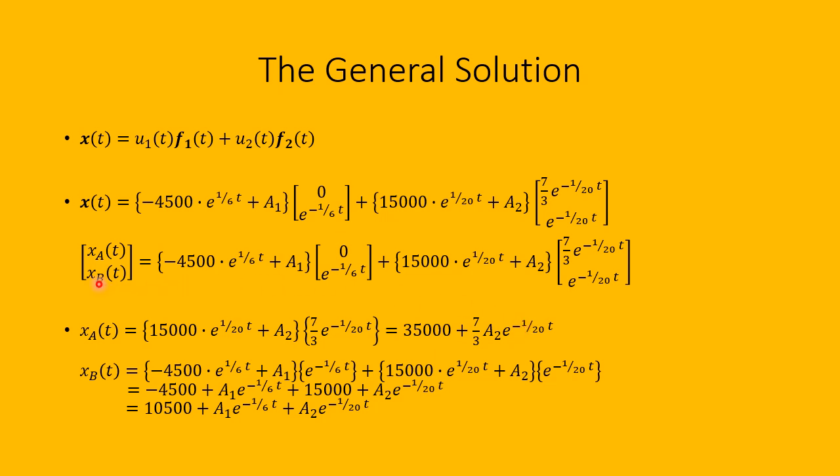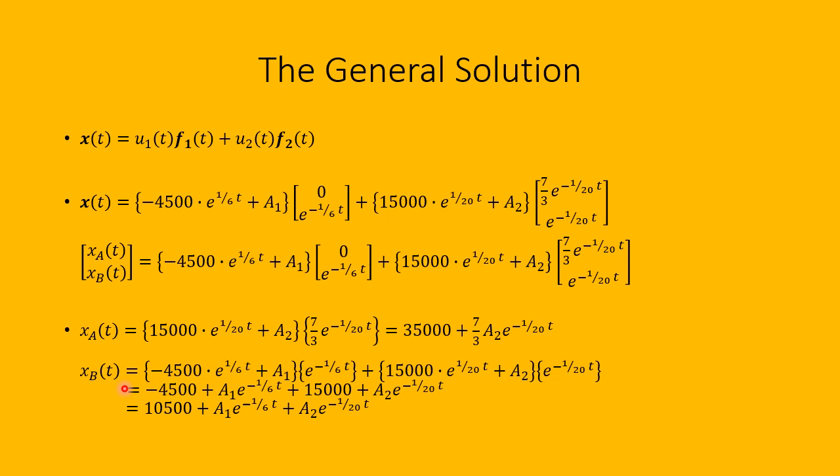To find x of b of t, that's the second component of this column vector. Look at the second component of the column vector that we get by performing this computation. It's going to be this stuff times this exponential plus this stuff times this exponential, and that's what we have written down here.